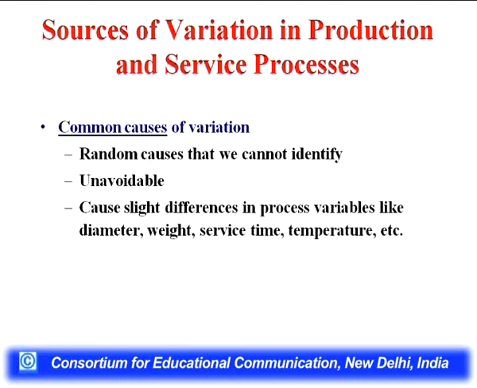Unavoidable cause, slight differences in process variables like diameter, weight, service time, temperature, etc. If we are running a process, some variations are bound to be there even if everything is under control, and these are called common causes. There is no specific reason for them. Because of the process itself, some variations are there.